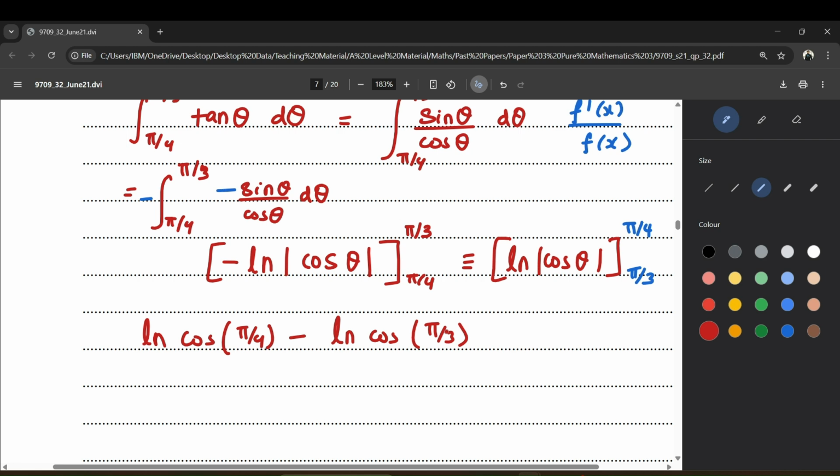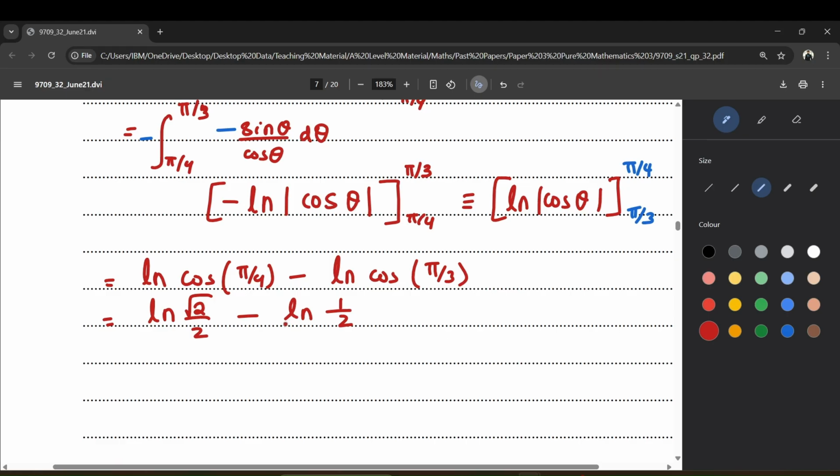So if I work this out, cos pi over 4 will give us ln root 2 over 2 minus ln half, since cos pi over 3 is half. Using the laws of logarithm, I can combine them into one fraction.